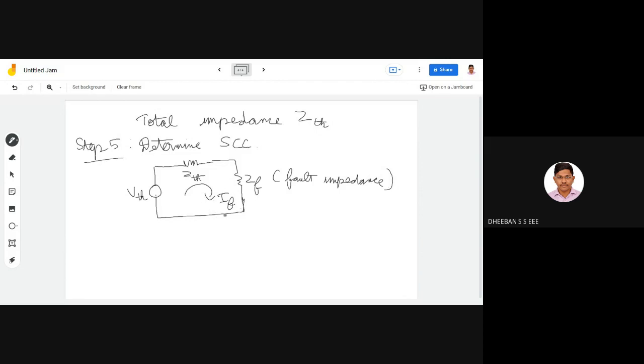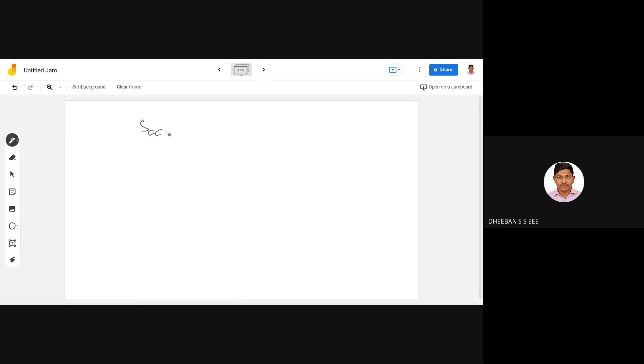As per Thevenin's rule, your fault current IF will be equal to the Thevenin voltage VTH divided by ZTH plus ZF. Through this, if you want to find the SCC, you have to apply the same formula we have seen before. For a three phase, SCC will be equal to SB by ZTH.